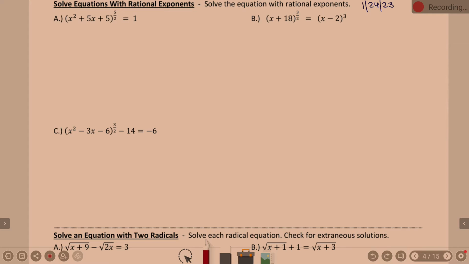Now, we want to get rid of the 5 halves power. So we're going to raise it to another power. What can you multiply 5 halves by that will get it to cancel out essentially? 5 halves can multiply by 2 over 5.